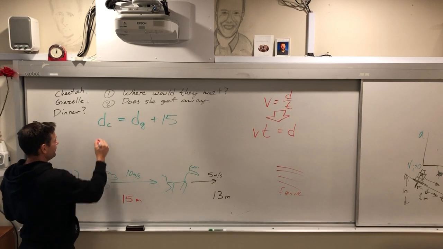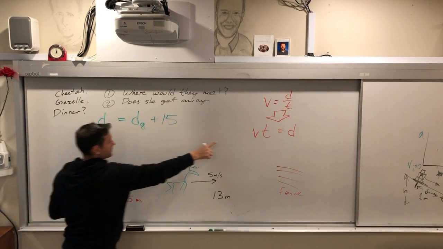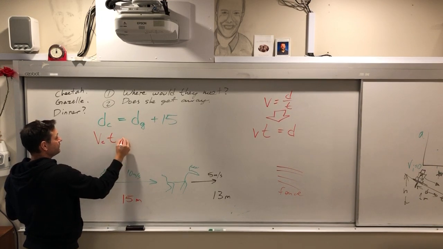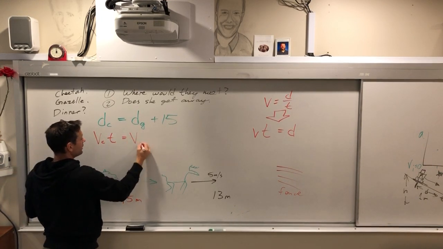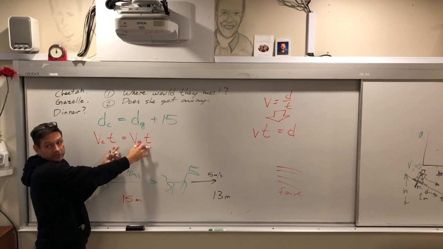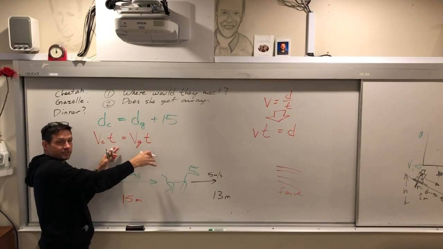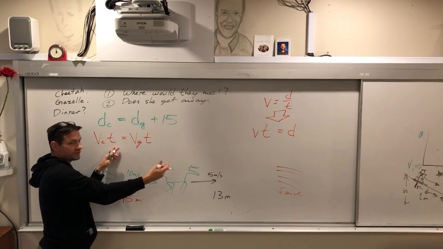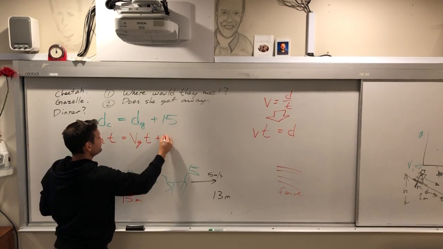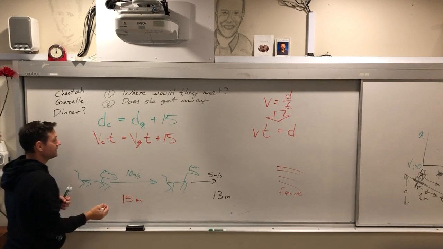So based on this formula, the velocity of my cheetah times the time should be equal to the velocity of my gazelle times the time. Now, these two times are going to be the same. We don't know what it is yet, but we know they'll have run for the same amount of time when they meet. And then, of course, I have to put in my plus 15.